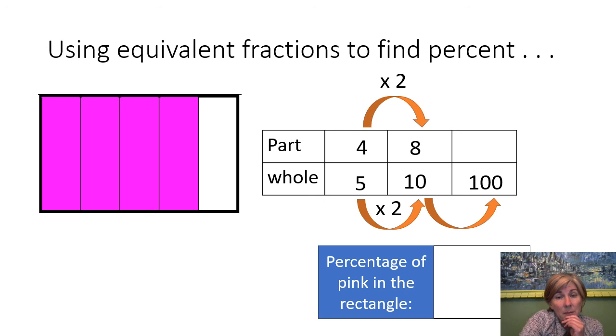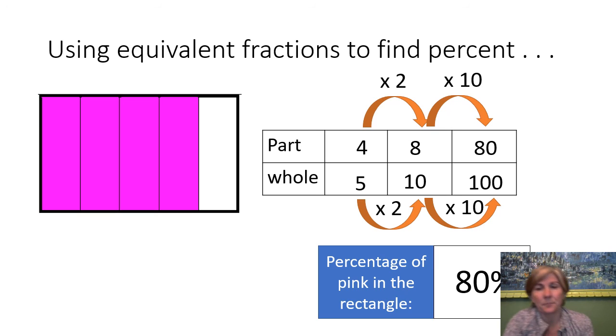If I multiply 10 by 10, I get 100. What I do to the bottom, I have to do to the top, so I'm also going to multiply that 8 by 10, and that gives me 80. Now I have my fraction out of 100, and so my percentage is easy. My percent is 80.